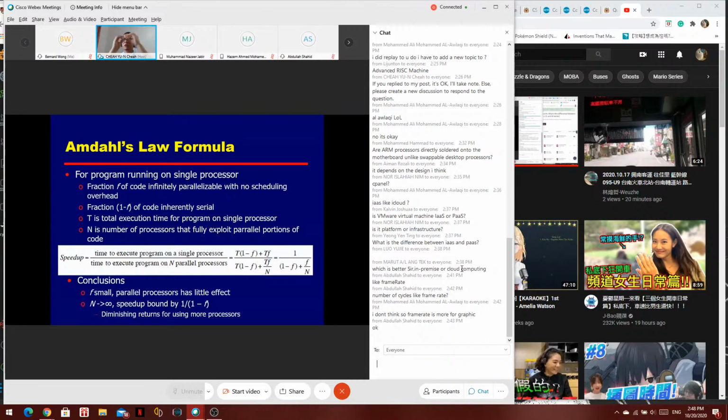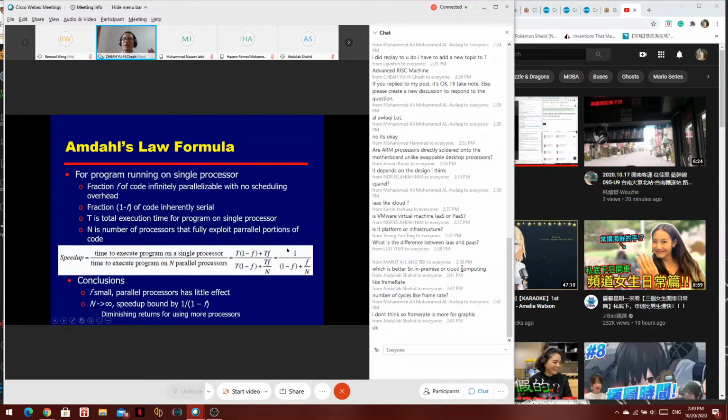But the thing is, for the code, the instructions, some of it can run in parallel, some of it cannot be run in parallel. So if all the instructions can be run in parallel, that means your f is very big.